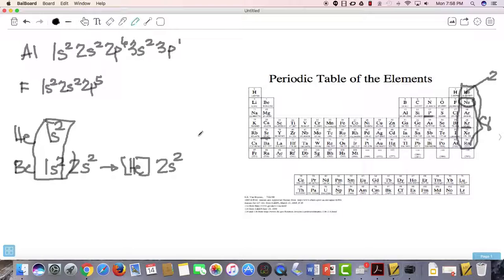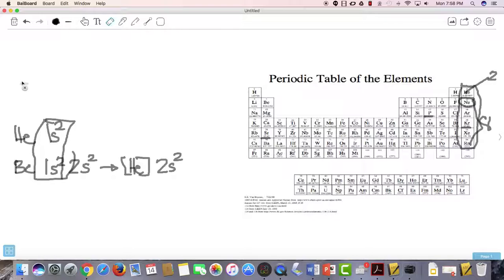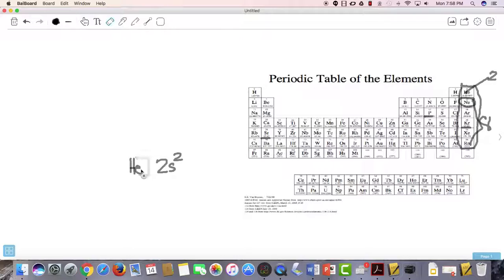Let's take a look and write the noble gas configuration for chlorine.